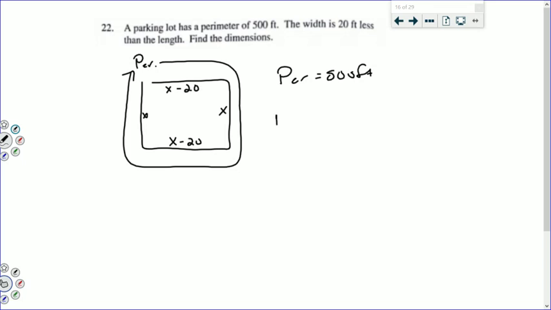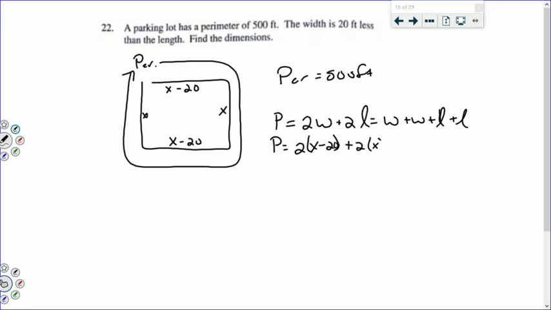So our perimeter is equal to 2 times the width plus 2 times the length, which generally is an L, 2 times the length. Or we can just do width plus width plus length plus length. From there, perimeter is going to be equal to 2 times our width, which is x minus 20, plus 2 times x.